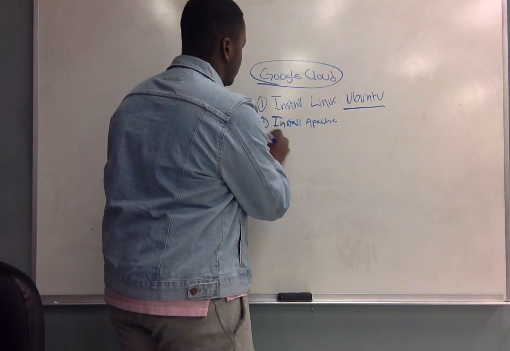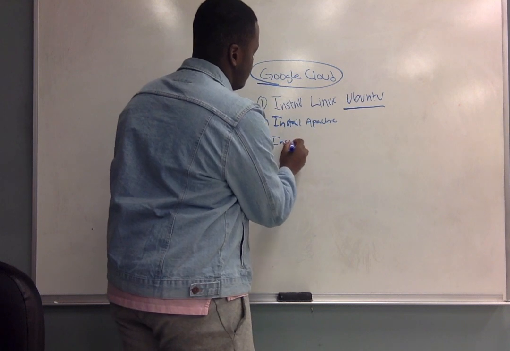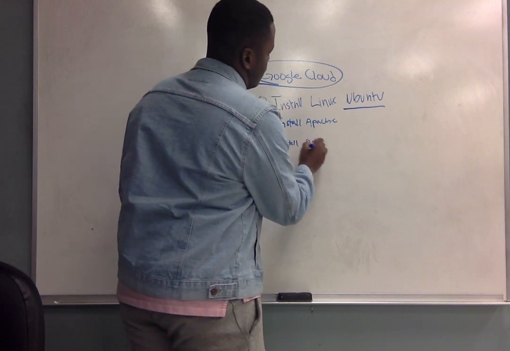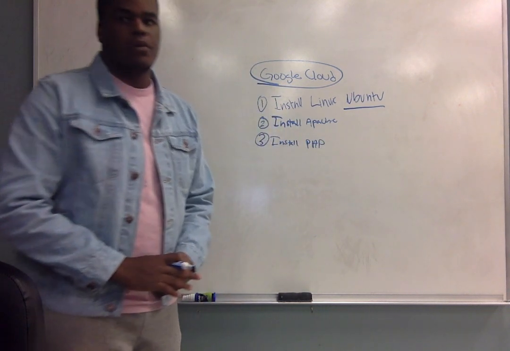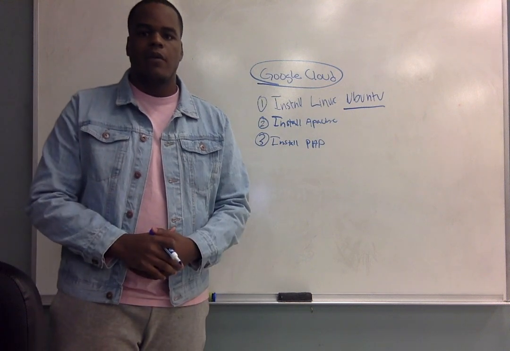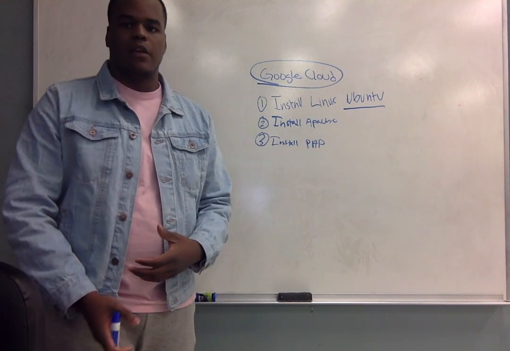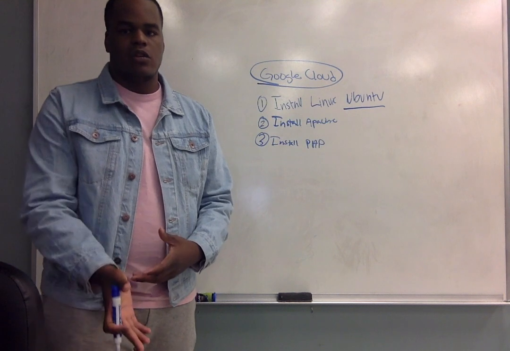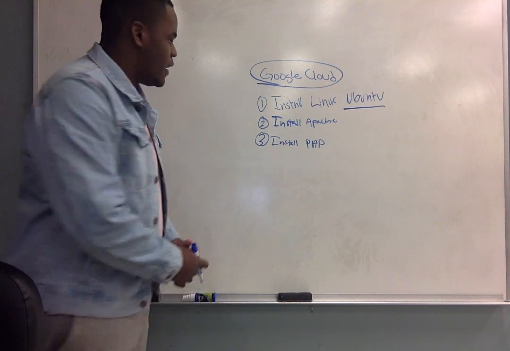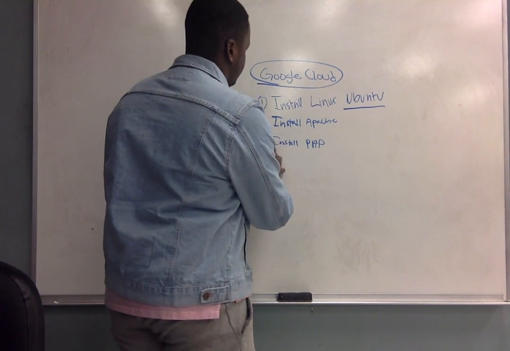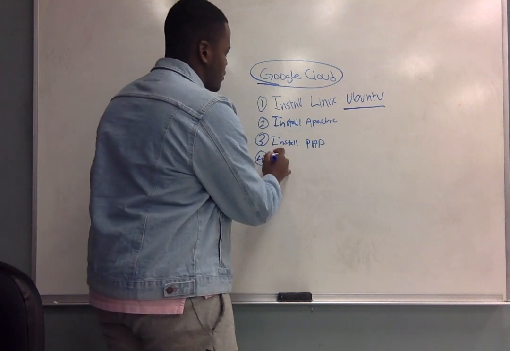The third thing we'll do is install PHP, and we'll write a simple PHP program that can print out something onto the web browser. And then the fourth thing that we'll do is install MySQL.